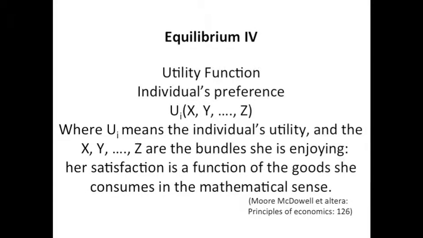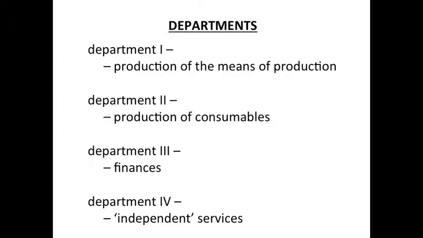GDP, we talked about it, is composed from the production in different departments. So we have the means of production being produced. We have the means of consumption that are produced, so the things we use every day. And then we have the third department of finances, financial services, insurances, and all this.